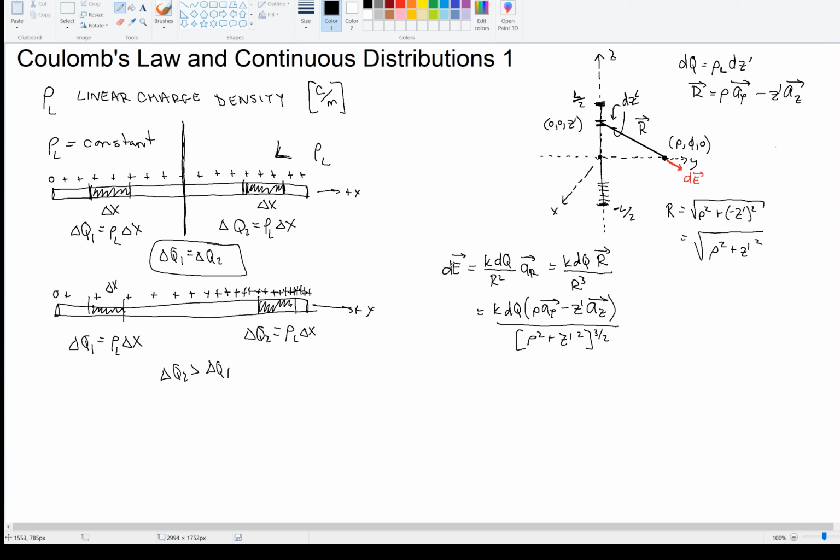So if our differential electric field, dE, is equal to this thing, then our total electric field now is the integral. So we need to sum. You know, the integral is like a continuous sum of these things, which hopefully you learned in first semester calculus from your awesome calculus teacher.